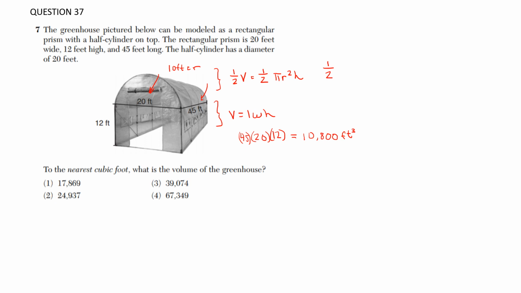So this turns into 1/2 pi times 10 squared, which is 100, times h, which is 45 feet. Putting it in our calculator, 0.5 times pi times 100 times 45, we get 7068.583 cubic feet. And now it's telling us to find the volume of the greenhouse, so we have to add both of these together.